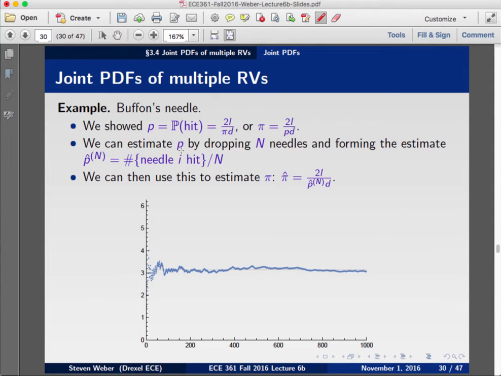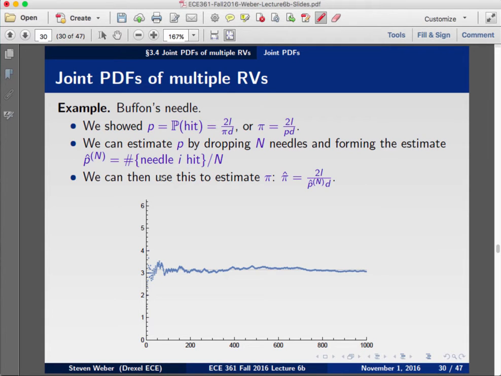We can estimate the parameter p, the probability of hitting, by dropping some large number n of needles and forming the estimate p hat of n, which is the number of needles that hit the lines divided by n. In other words, this is the fraction of the n needles that hit the line. It should be intuitive that if I drop a large enough number of needles n, that'll be the probability, or close to the probability, of any given needle hitting the line, p.